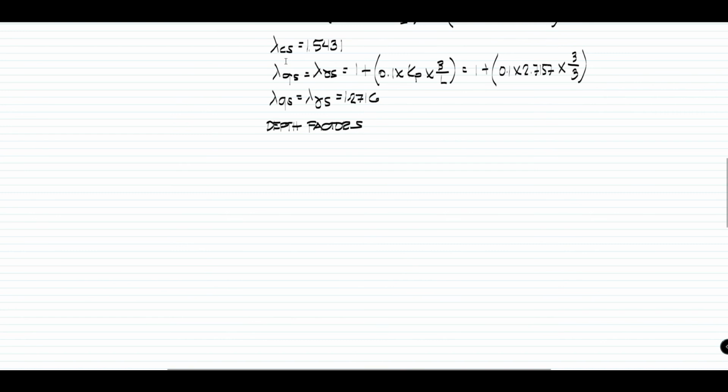So that is just lambda CD, which is equal to 1 plus 0.2 times square root of N gamma Kp times dF over B. So, substitute lang natin yung values.